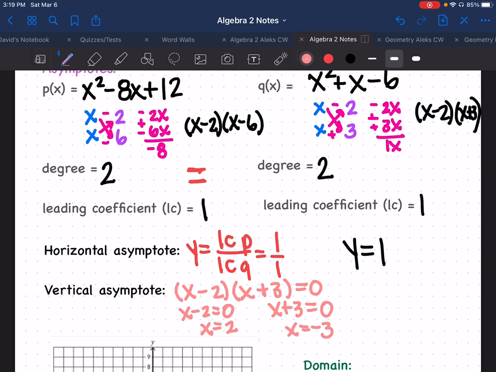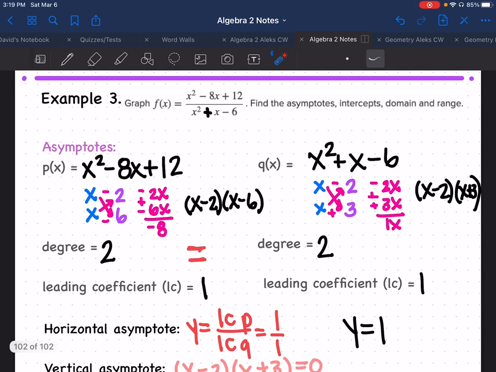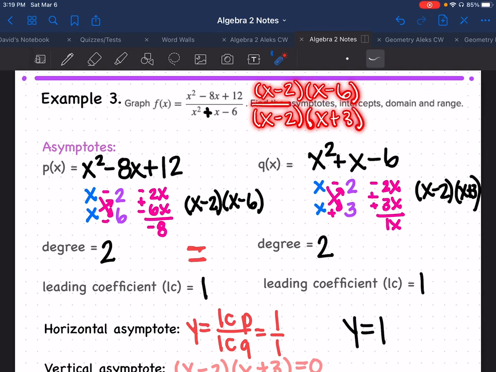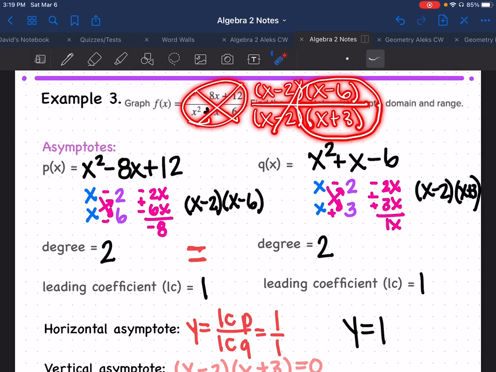But because both my numerator and my denominator have x minus 2 as a factor, a hole is created. Think about it this way. When I factor my numerator, I get x minus 2 times x minus 6. When I factor my denominator, I get x minus 2 and x plus 3, right? These two cancel, and this is what I'm actually going to put into Desmos, because if I put in the original, I get a really weird graph.